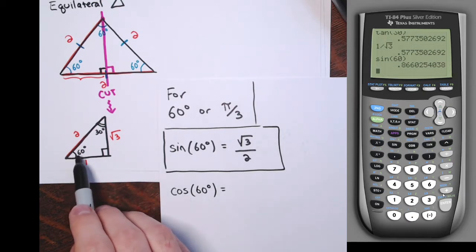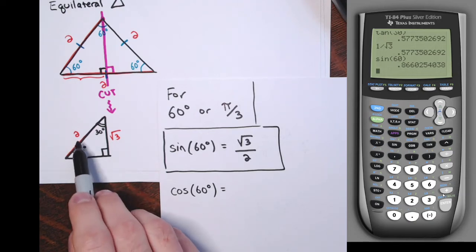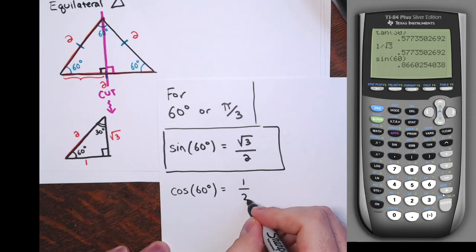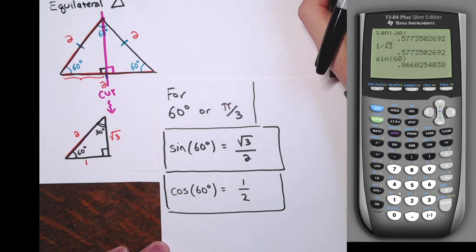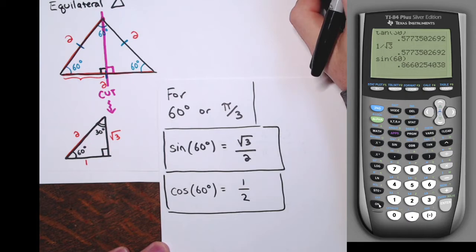Remember, cosine is adjacent over hypotenuse. So here's the 60-degree angle. Adjacent now is the 1. Hypotenuse is 2. 1 over 2, 1/2. I'll put that in a box. Important that you remember the sines and cosines of these special angles, 30, 45, and 60. Pi over 6, pi over 4, pi over 3 radians. All right, so see, cosine of 60 is just 0.5, right, when I put it in degree mode.